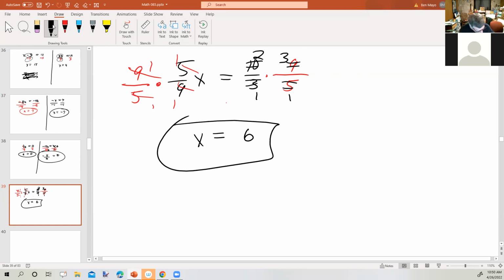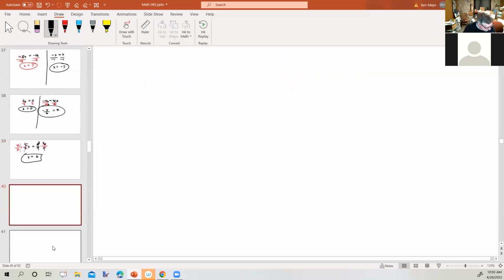Okay. What we're going to do now is look at some problems where we have to use both the addition property of equality and the multiplication property of equality. Suppose we have the following: 4x plus 3 equals 11.